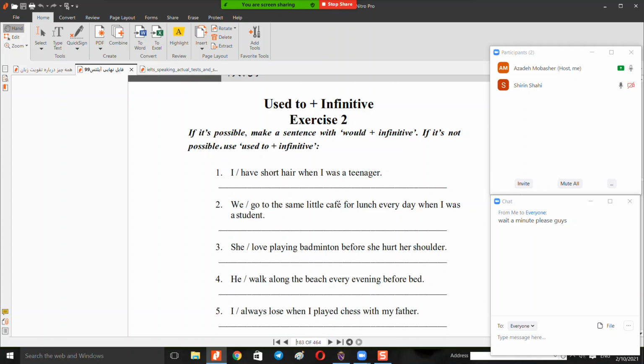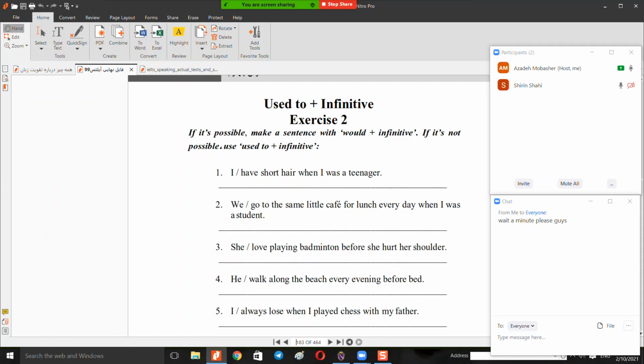We don't have an equivalent in Farsi. We don't have equivalents for everything. Instead of used to, we use some tense in Farsi. "قبلنا", for example, I used to visit my grandparents every Thursday. "قبلنا هر پنجشنبه میرفتم دیدن مادر بزرگم". It's just a tense. There's no equivalent for it.